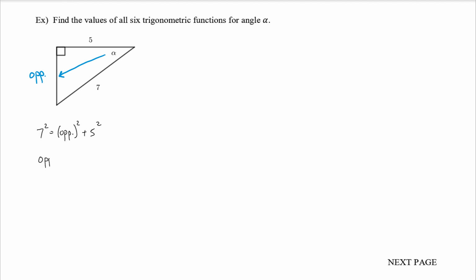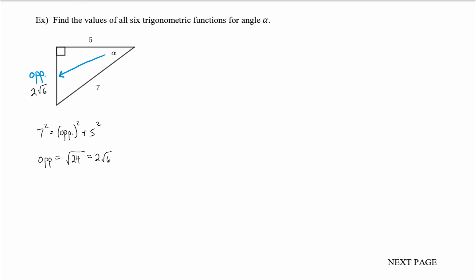So the opposite side is going to have a length of the principal square root of 24, which is what, 4 and 6, so 2 square root 6. Okay, so this is 2 square root 6 over here. So let's try it. 4 times 6 is 24, plus 25 is 49, which is 7 squared. All right, so I think we're good.